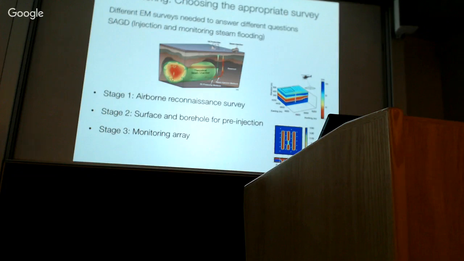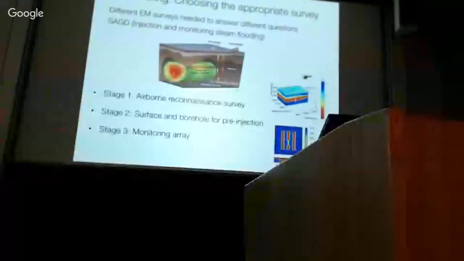Here's one that I think is really interesting from several points of view, because it's an example that's starting to show, and certainly for the oil companies that we were dealing with, it was a little bit of an eye-opener for them as to, oh my gosh, electromagnetics actually might be really useful here.